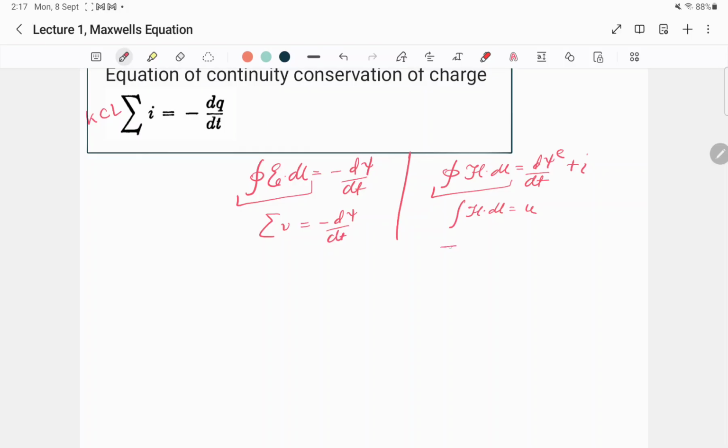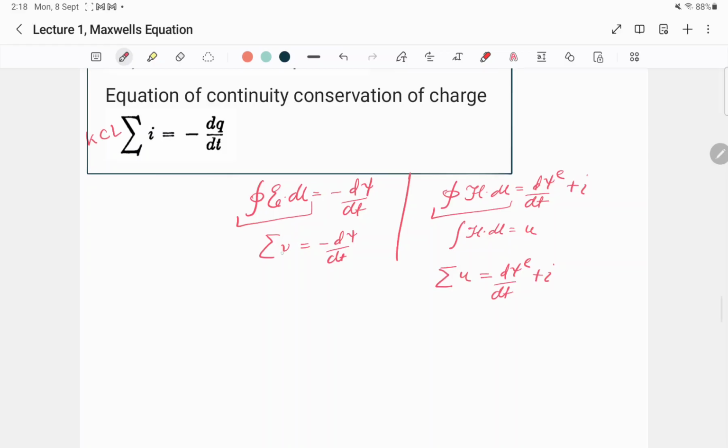That is why we have to replace it with the summation of U is equal to d by dt of psi e plus I. Here also we have used the summation of voltage V. Why? Because V is equal to the line integration of E dot dl, but here we have a closed line integration of E dot dl, so that is why the summation of V has been used to replace the closed integration.